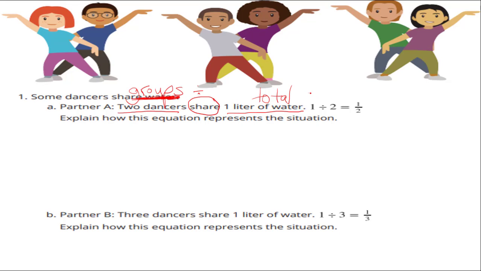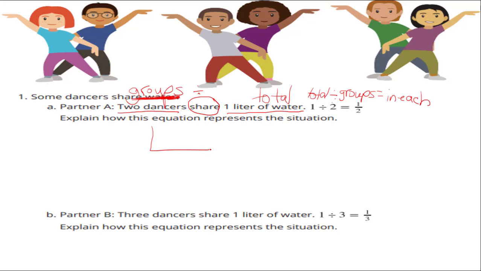So we have total. Remember, total has to come first in your division problem. Total divided by groups equals in each. So we're trying to find out how much water goes in each dancer. Okay? So let's represent that with a drawing here.